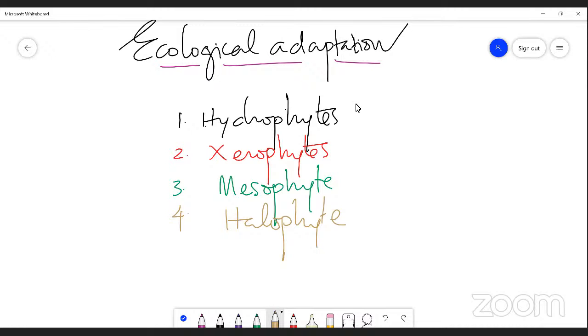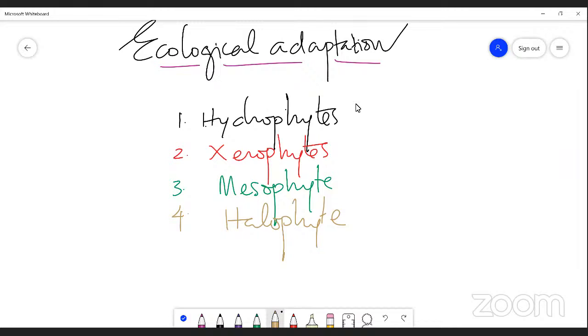That is called Halophytes. For that, I would like to give an example. If you look at the picture, you can see a mangrove forest. The mangrove forest is a forest where the soil is highly saturated with saline, and in the salinity you can see a number of plants growing.